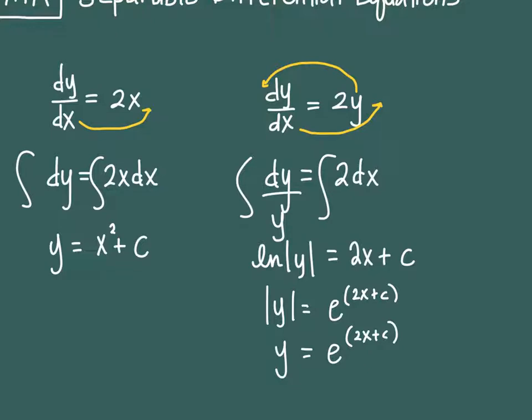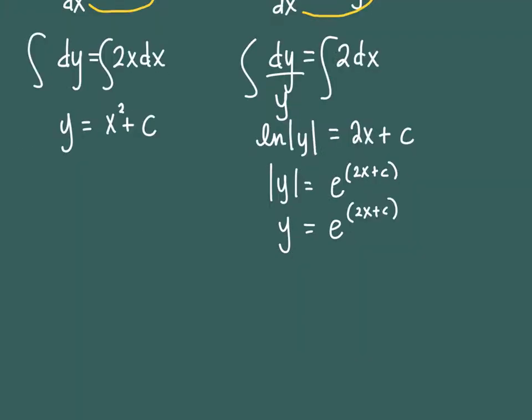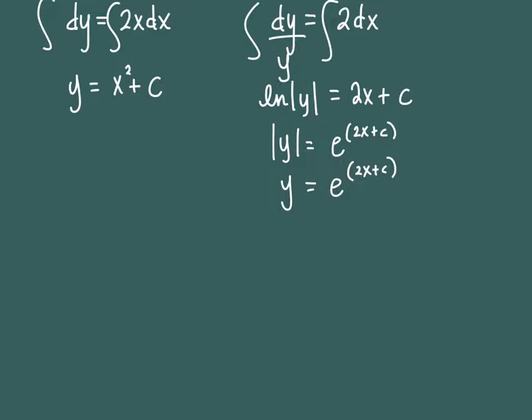That's the process called separate and integrate. Those were two easy ones, so we're going to do a couple more challenging ones. Differential equations are solved with the idea of separate the variables and then integrate both sides.